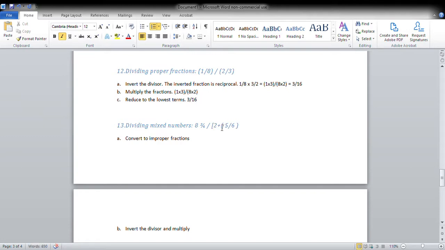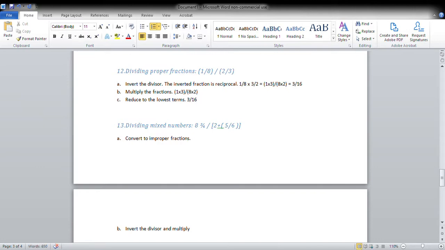I hope that makes more sense. 2 and 5/6 is the same as 2 plus 5/6. But when division signs and fraction signs are listed together, it becomes a little bit confusing. So first, again, we convert to improper fractions.